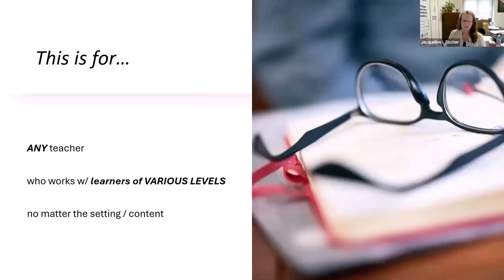This talk is for any teacher who works with learners at any level or at various levels, no matter the setting or the content. Because of course, we have the formal levels, students at various levels of their medical school training, and trainees: intern, resident, fellow, etc. Those are obvious differences in formal levels. But we also know firsthand very clearly, right?